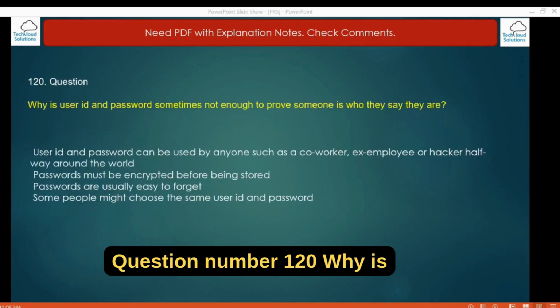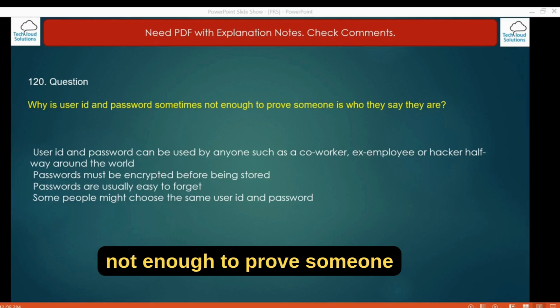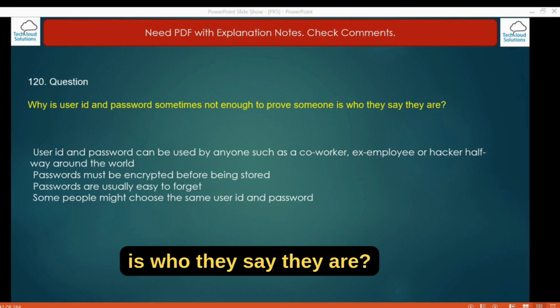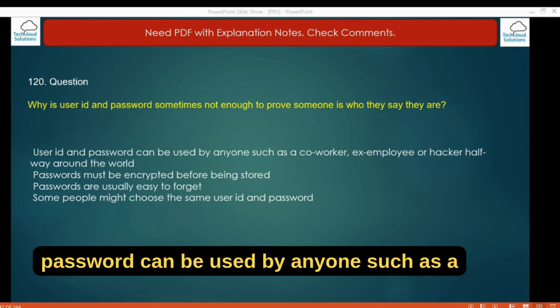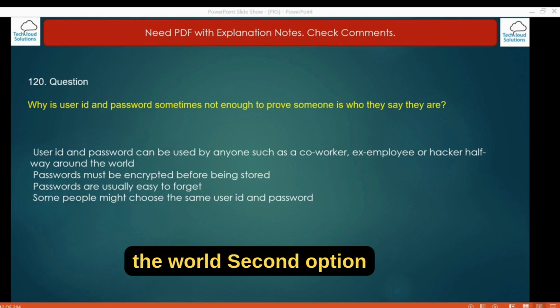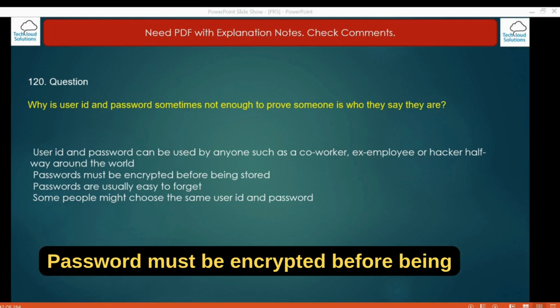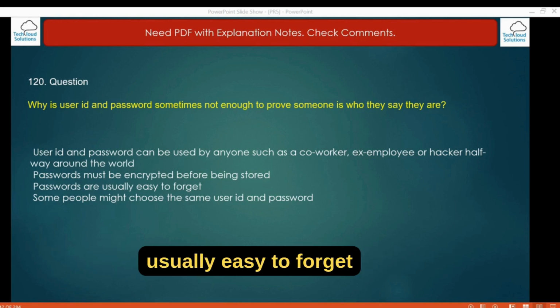Question number 120. Why is user ID and password sometimes not enough to prove someone is who they say they are? And the options are: user ID and password can be used by anyone such as a coworker, ex-employee or hacker halfway around the world. Second option, passwords must be encrypted before being stored. The third option says passwords are usually easy to forget.